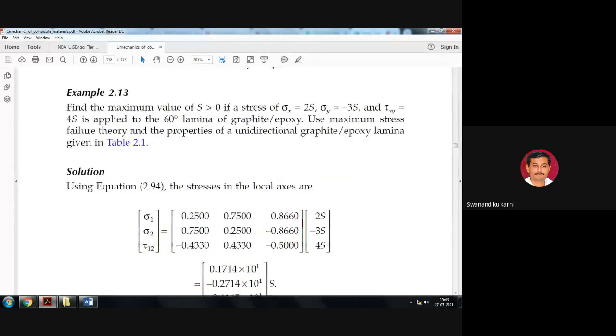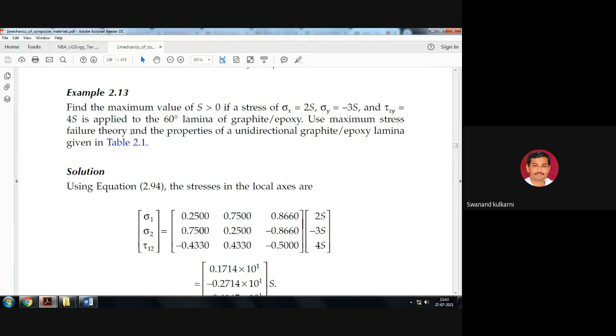So let us take one more example to understand this concept more properly by the maximum stress failure theory. Find the maximum value of S greater than 0 if stress sigma x is equal to 2S, sigma y is equal to minus 3S, and tau xy is equal to 4S.